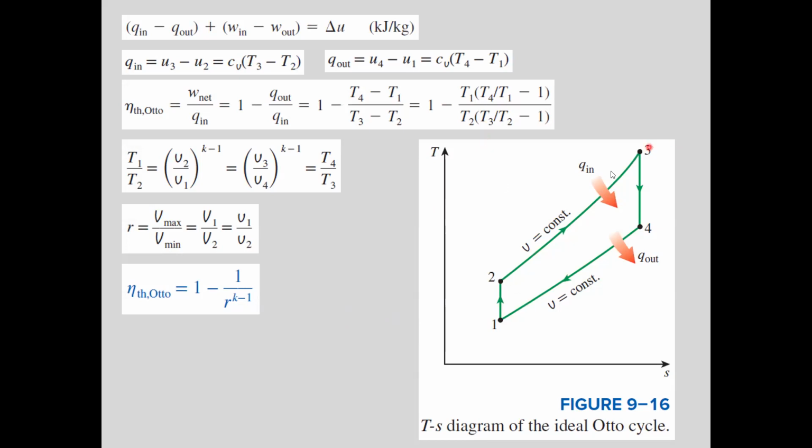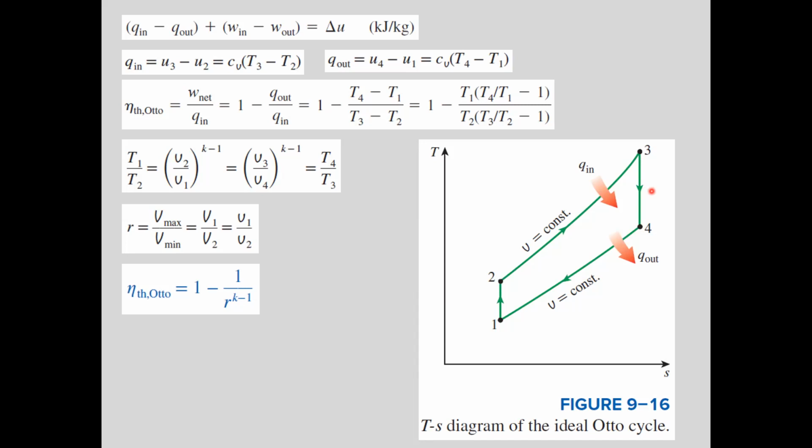What is process 2 to 3? 2 to 3 is constant volume heat addition. What is 3 to 4?